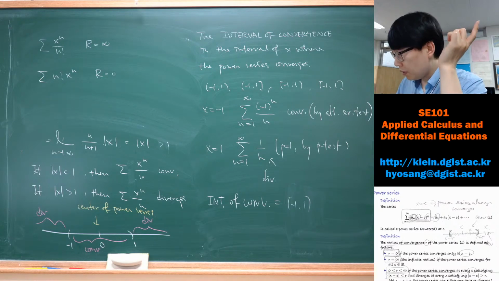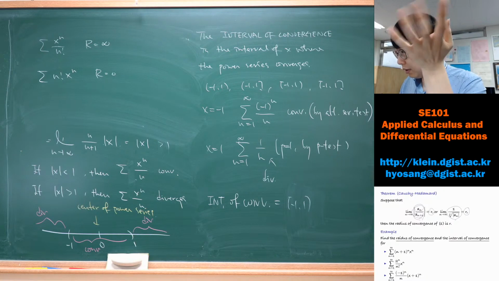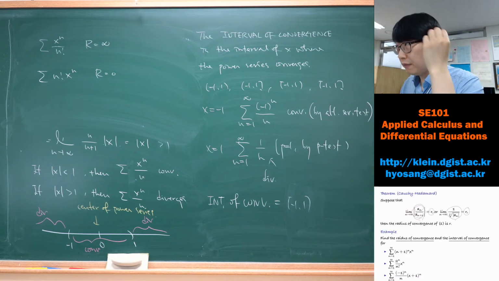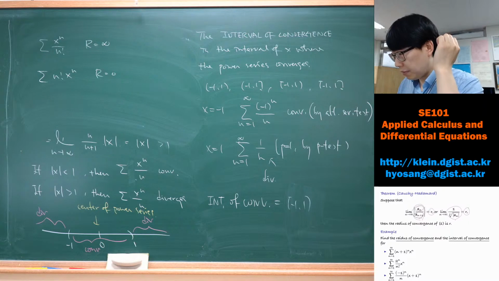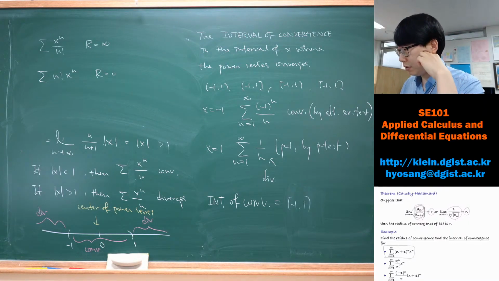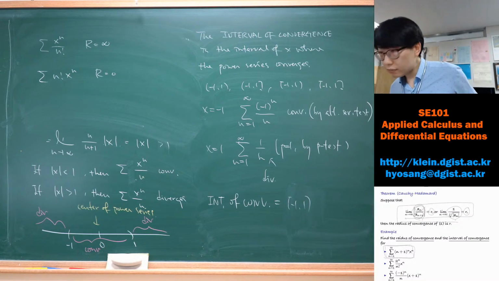So I usually don't recommend using this theorem because it can be confused with the ratio test because of the use of a_n here. But let's look at the example here. If you are comfortable not confusing it with the ratio test, then you can use it. But let's look at the examples without using this theorem.